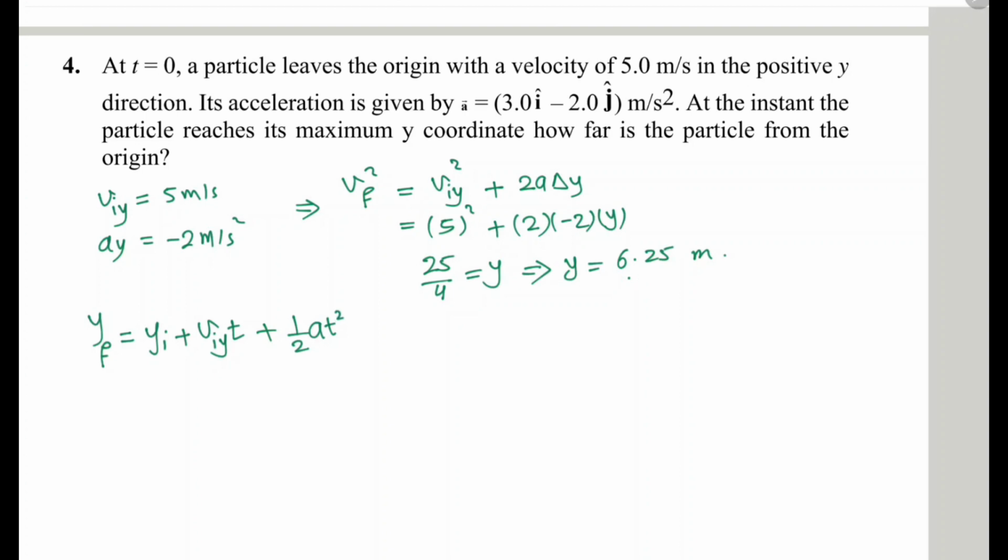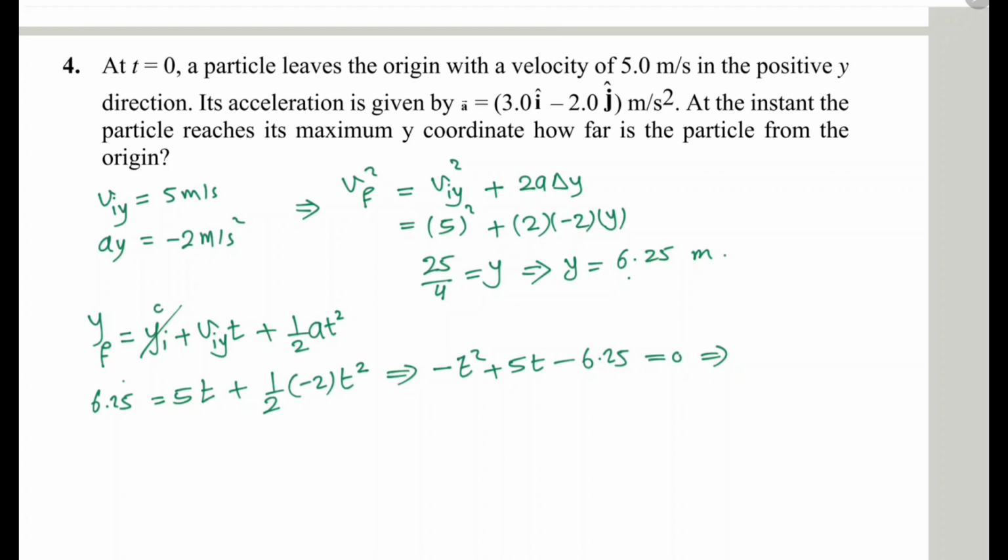Now y final equals y initial plus the initial v_y t plus half a t squared. You substitute this back in here, so 6.25 equals 5t plus half minus 2 t squared. In other words, minus t squared plus 5t minus 6.25 equals 0.